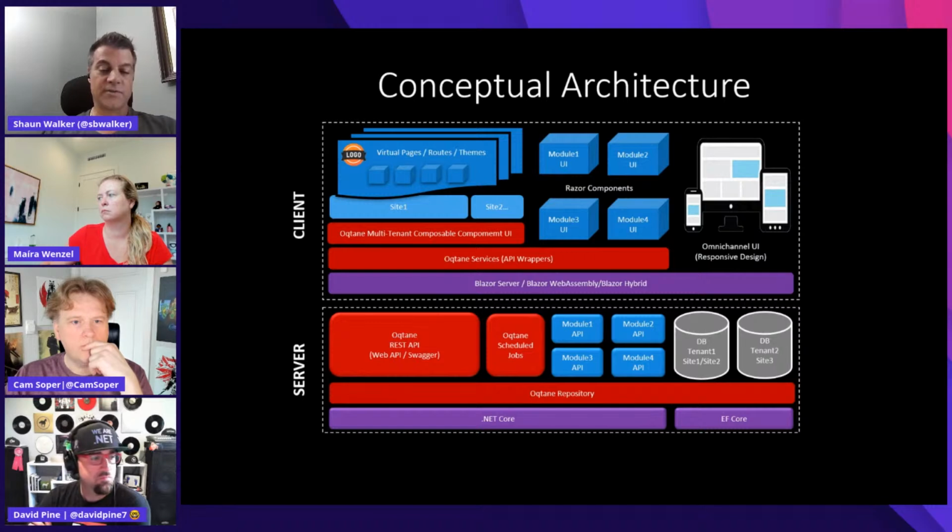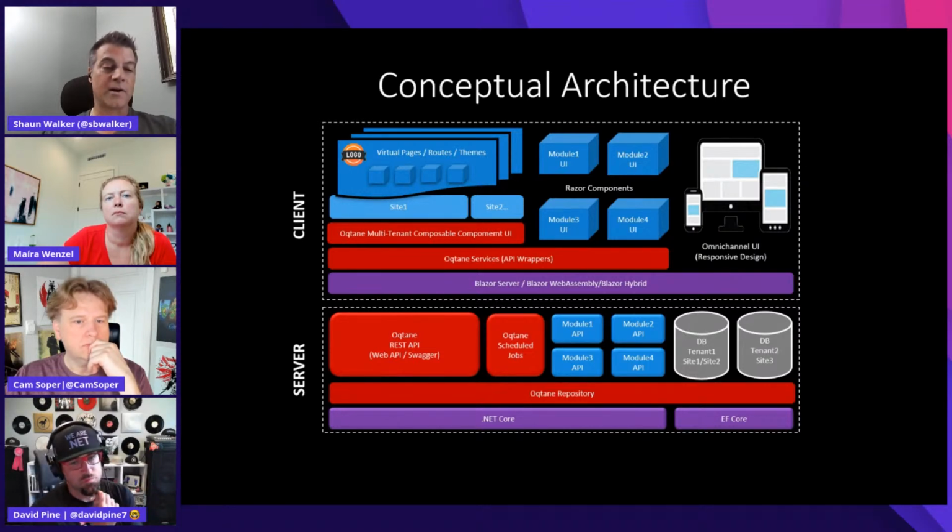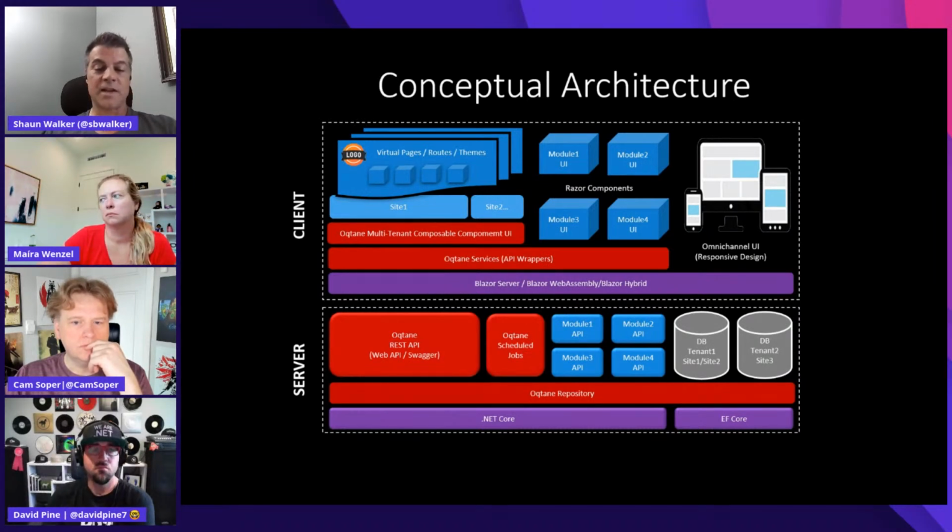So on the server side, you've got .NET Core, you've got EF Core, and you've got the Oqtane repository pattern for doing data access. It's also got its own headless API layer, which is required as part of a client-server model. Oqtane also uses the IHostedService capability that's part of .NET to allow asynchronous scheduled jobs to run in the background.